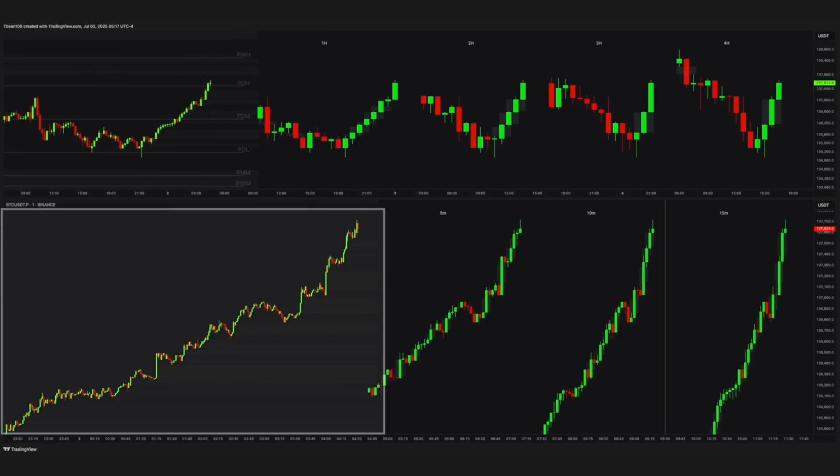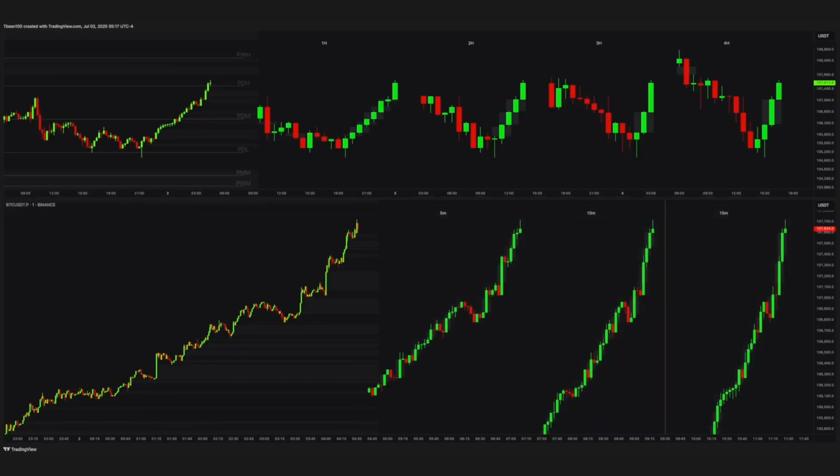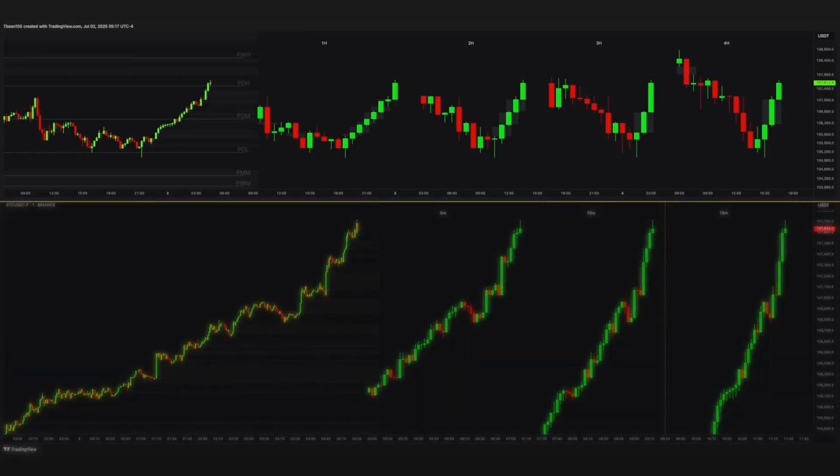At the bottom, we have the minute-based charts, the 1 minute time frame open to see all the long price action. And on the right, we have the multiple minute-based time frames with 5, 10, and 15 minutes. This simple layout will allow us to see every price action with every time frame at once without switching between time frames. Let's start with the hourly chart and analyze the price itself.